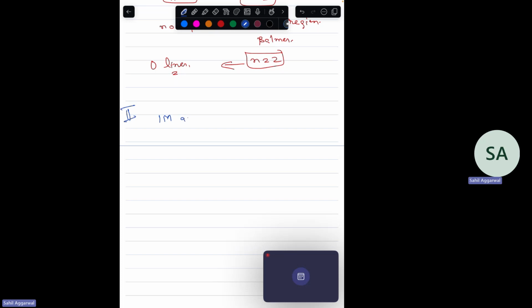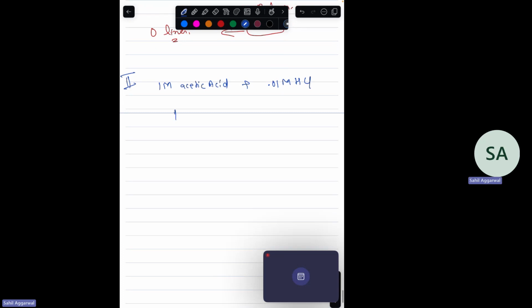1M acetic acid, 1M HCl, 0.01M HCl are taken. pH of resultant solution.